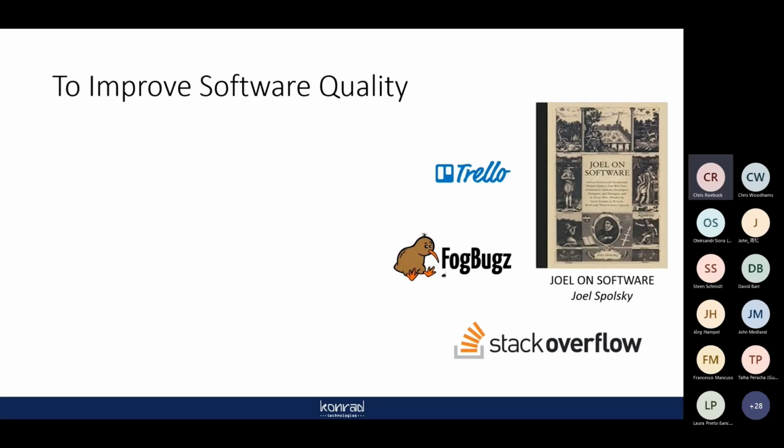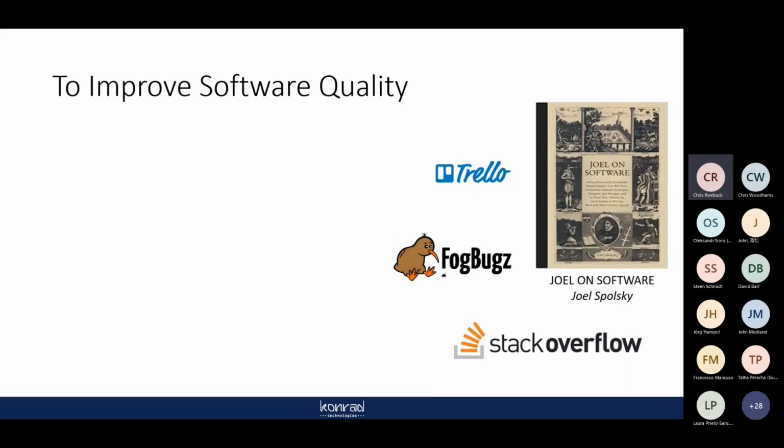As I said, point 2 on that previous slide was, do you want to improve software quality? Now, this is a slide I've presented before, as a few of you will recognize, but this is one of the most valuable books that I've ever come across, and I think some of you will agree.